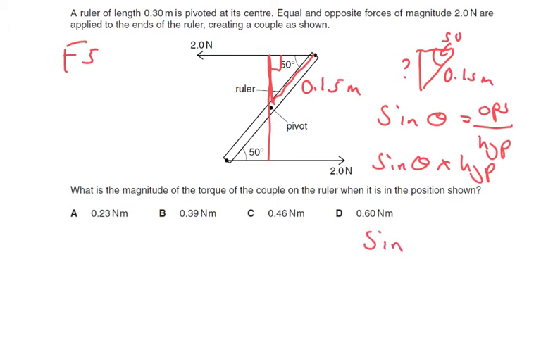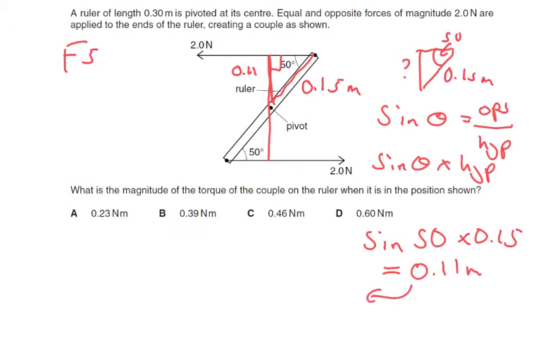So sine of 50 multiplied by 0.15, we get 0.11 meters. Now remember, this is 0.11 here, so it's not the total length, so we need to double this length. Okay, so if we double it, I've got a few more significant figures on my calculator.